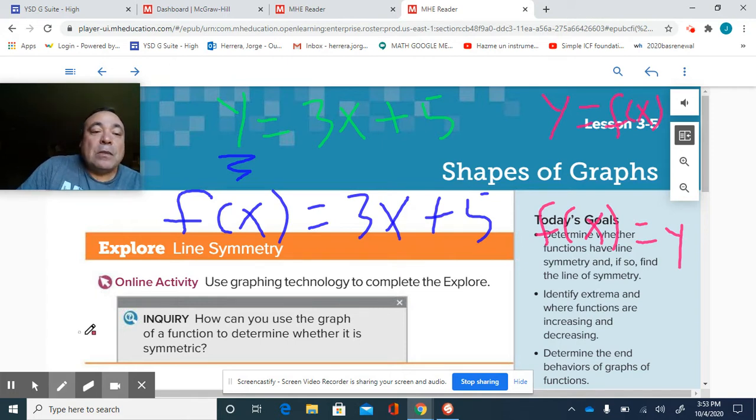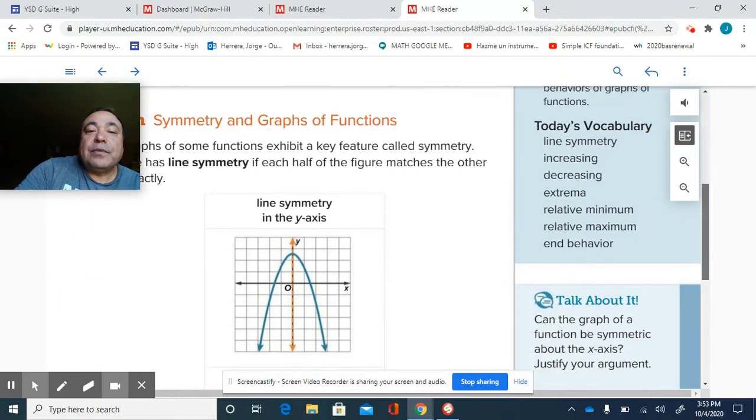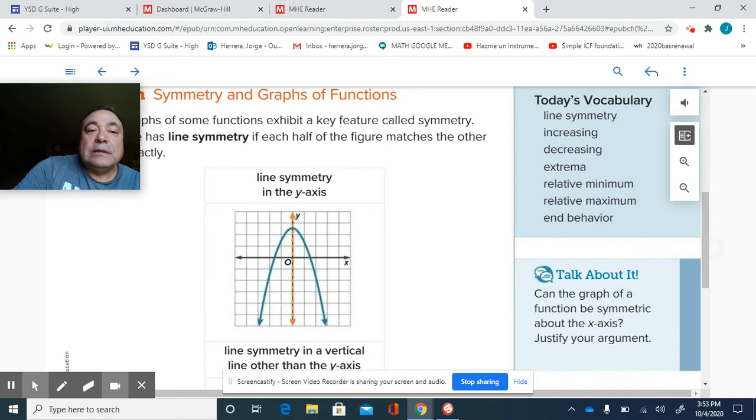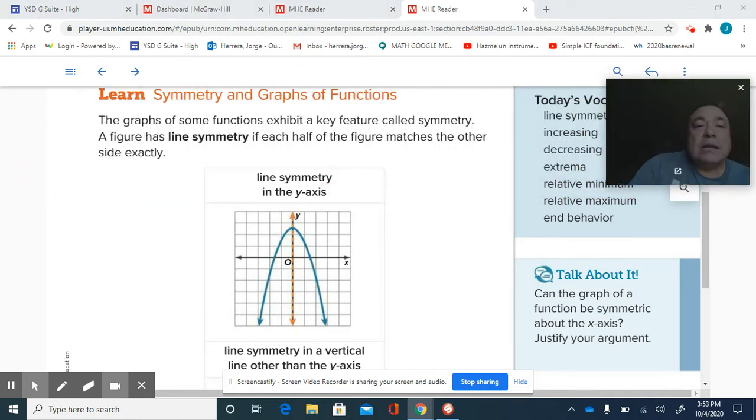Okay, let's go to a couple of examples of a line of symmetry. A line of symmetry, guys, is a vertical line. The graphs that show a line of symmetry will always have a vertical line.